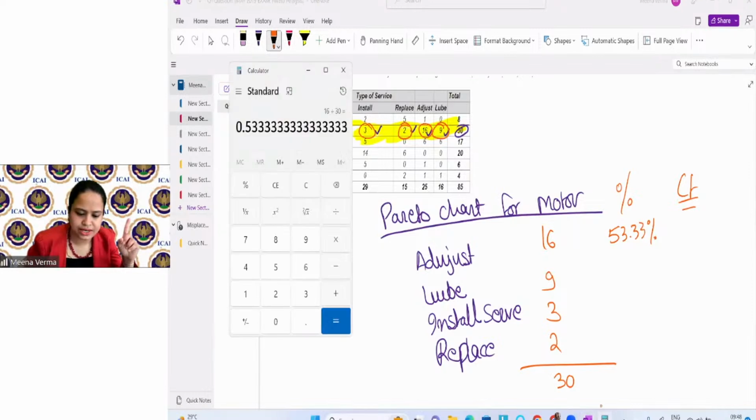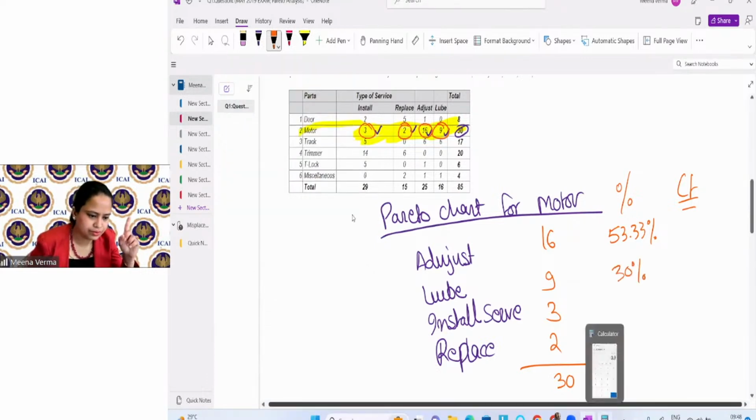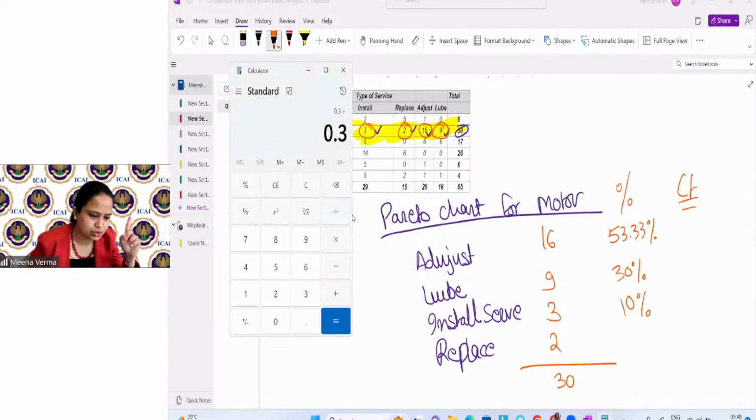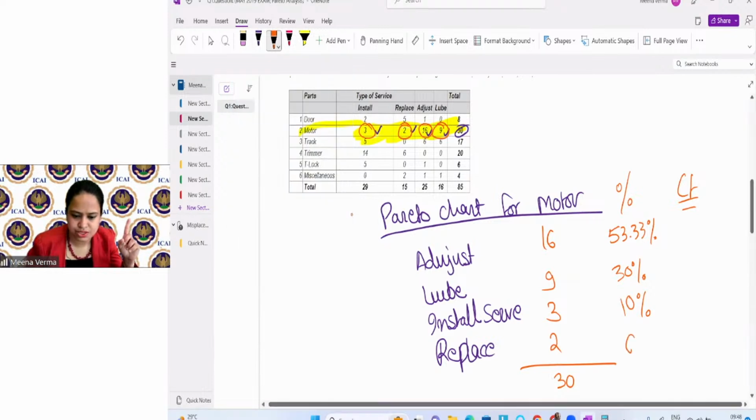The next one is 9 divided by 30, which is 30%. Then 3 divided by 30, obviously 10%. Then 2 divided by 30 is 6.67%. In this way, you will get the percentage.